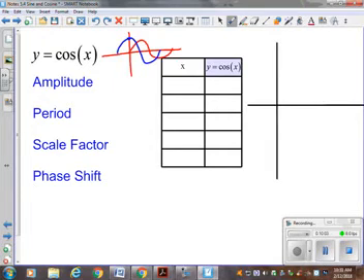Cosine is not the same exact x placement, but it looks the same shape, doesn't it? That's because cosine is a shift of sine. Cosine and sine are functions that are shifts of each other. That's why 60 and 30 degrees have the reverse numbers in the points.